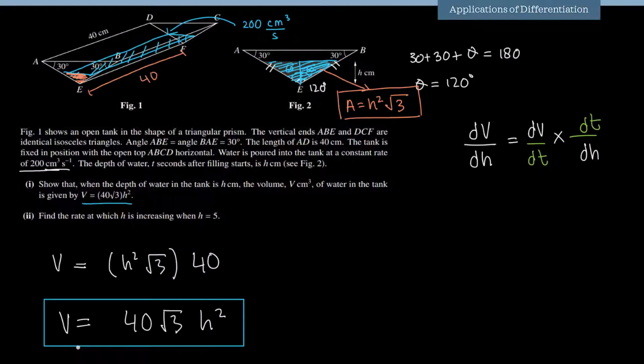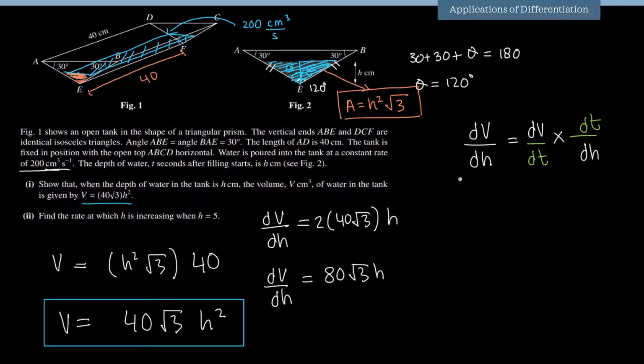I don't have dv upon dh, but I can find it by differentiating this. If I differentiate this, dv upon dh would be equal to 2 comes down to get multiplied by this. So 2 times 40 square root 3 times h. Multiplying 2 by the bracket would give me dv upon dh is equal to 80 square root 3 h. So this is dv upon dh, it is 80 square root 3 h.